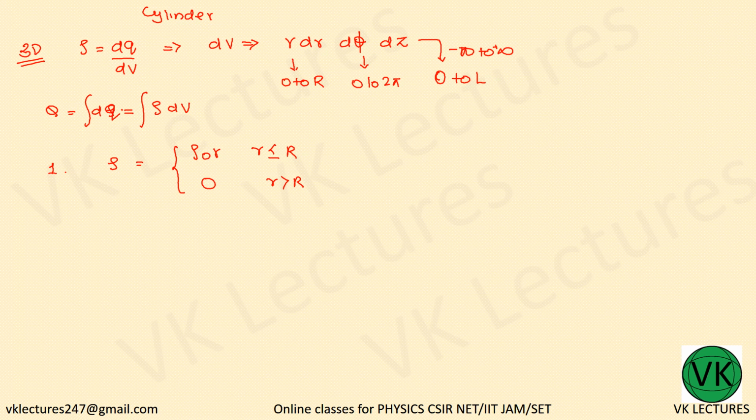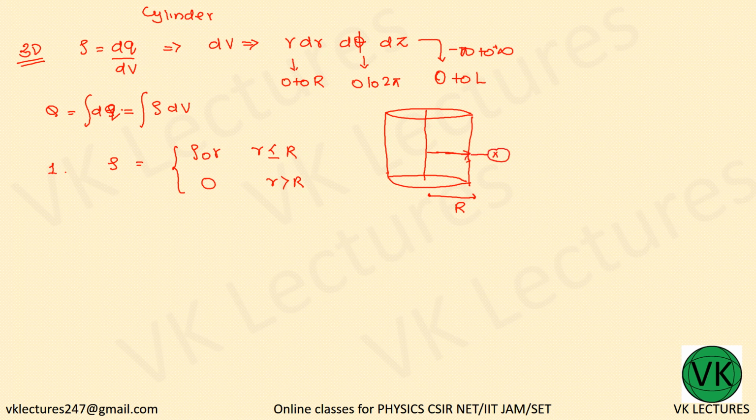So it is like this. You have a cylinder, so this is from 0 to capital R. That means charge density is found only in this region. After this region there is no charge density because this is air.